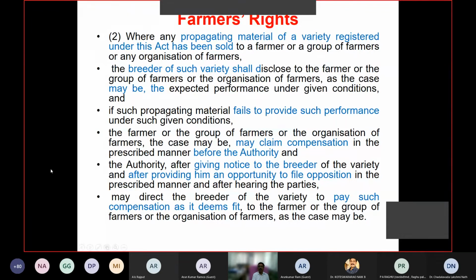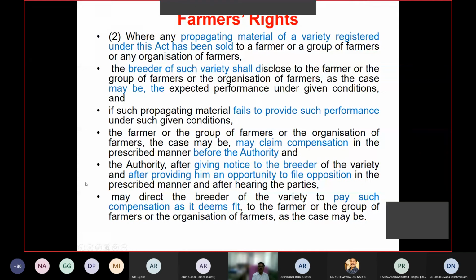For example, Monsanto sells him pest-free cotton seeds, so he buys them, and the pest they mentioned would never attack has attacked and killed the crop. So he can go before the authority and get compensation.